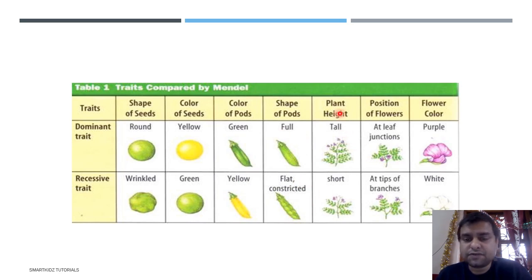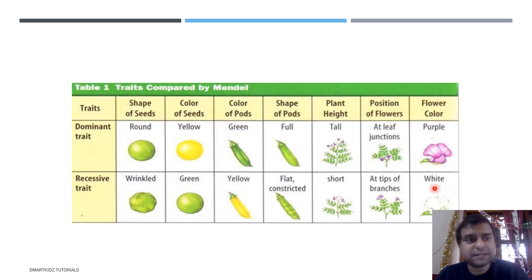In case of the plant height, the tall plant, as we know, was dominant over the short plant. And in the position of flowers, the axial flowers were found to be dominant as compared to when the flowers are at the tips of branches. In case of flower color, the purple color flower was found to be dominant over the white color flower.